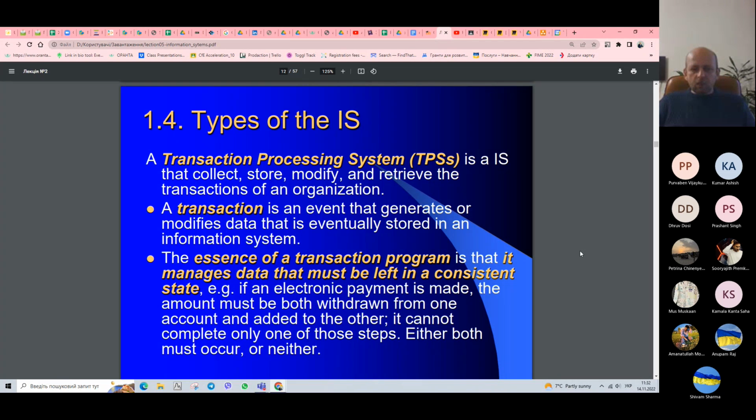The essence of a transaction program is that it manages data that must be left in a consistent state. If an electronic payment is made, the amount must be both withdrawn from one account and added to the other. It can't complete only one of the steps, as both must occur or neither.